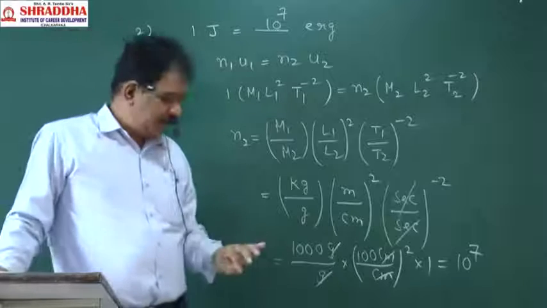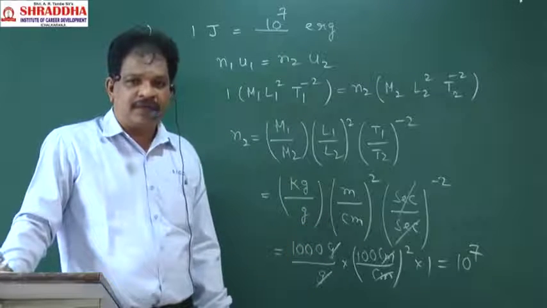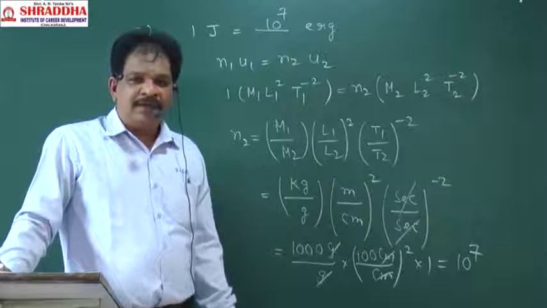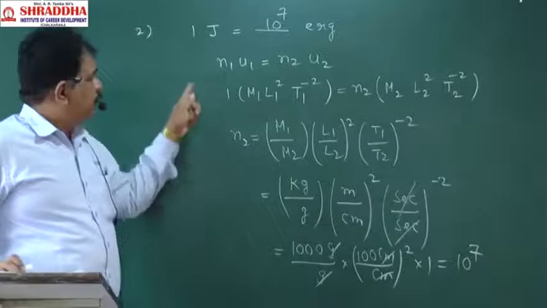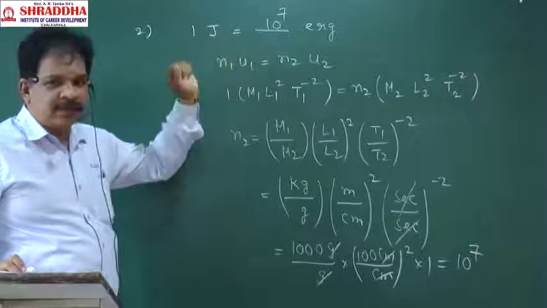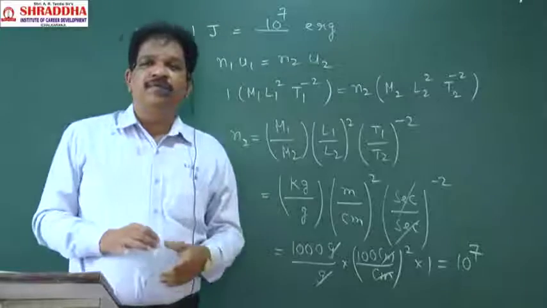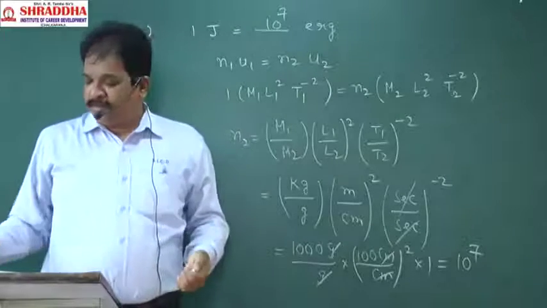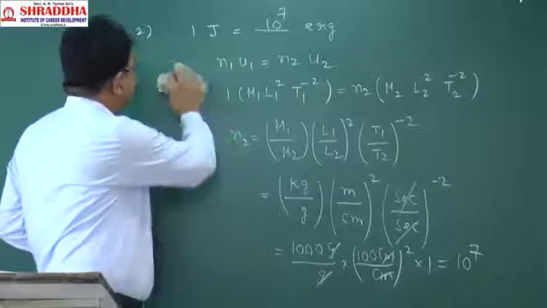Is it clear? So, to convert one system of units into another system, this dimensional analysis will be useful. Like this, to convert SI or CGS units, the relation between them we are calculating using these dimensionals. One more example we will take.